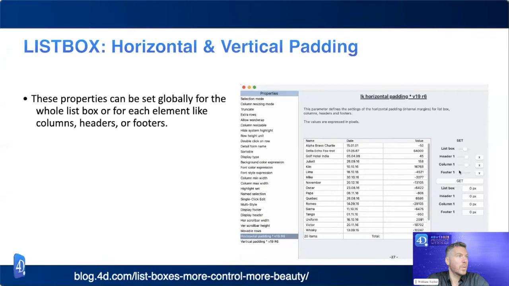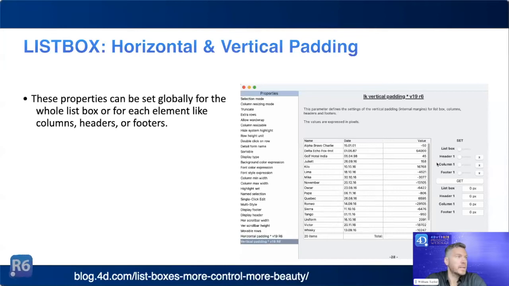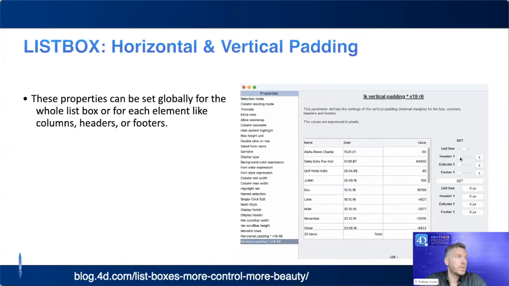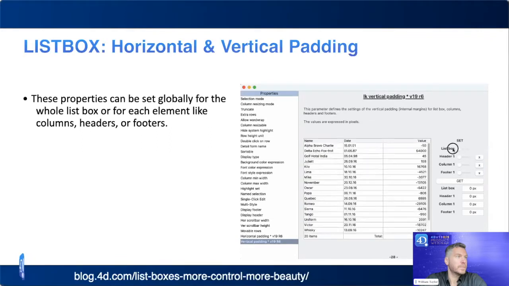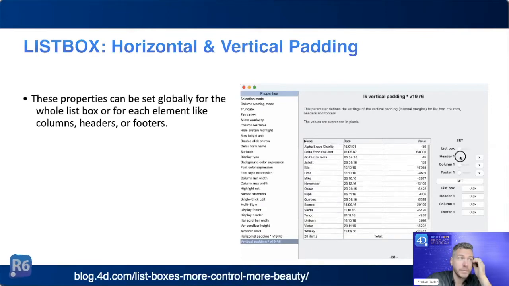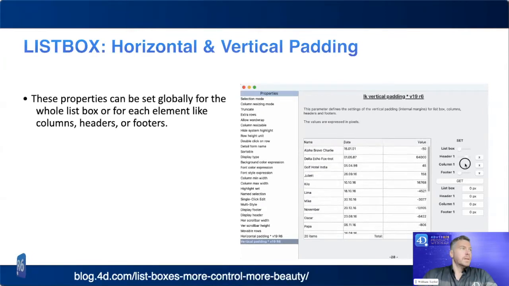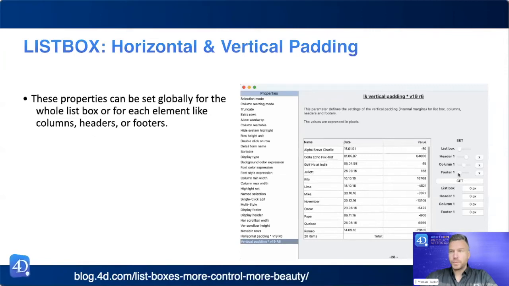You can play all around with it, and you can get the pixels that you added as padding, and the same for the vertical padding, the header, columns. So it's a very cool feature. And I know Ad has been waiting for this feature for a long time, and he's really happy to be able to use it to add the padding.